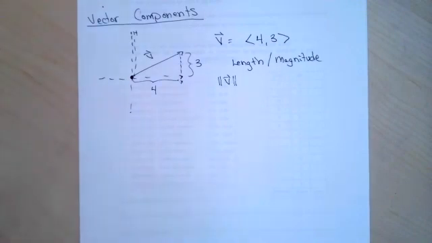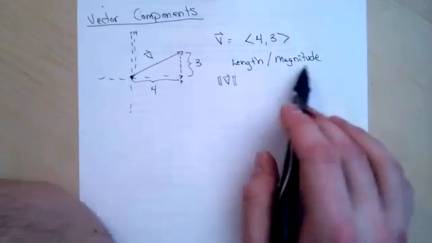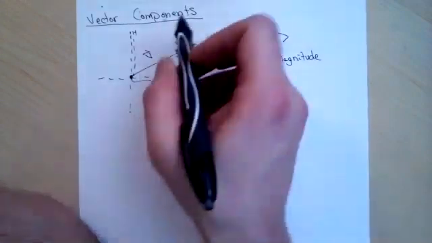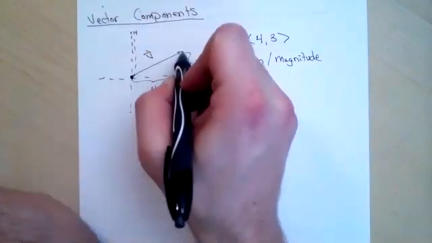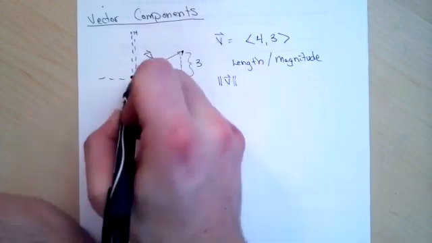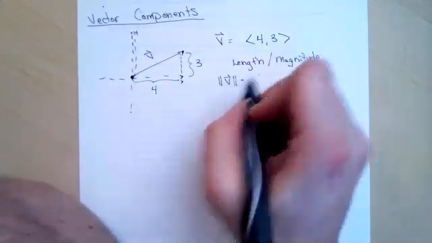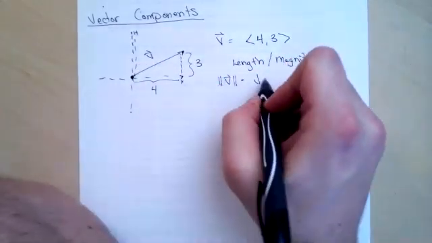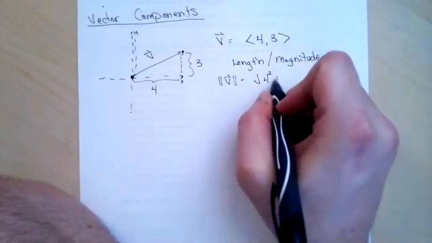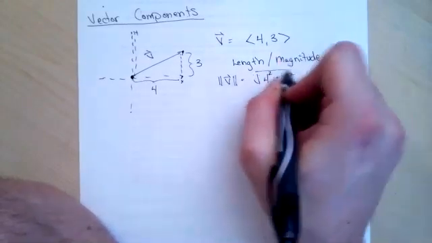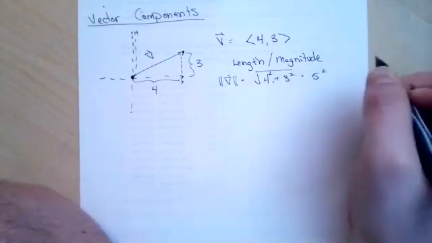It's the size of a vector, just like the absolute value of a number is the size of the number, the distance it is from the origin. In 3 dimensions or higher, the magnitude of a vector is just the distance the tip of the vector is from the origin. So in this case, it follows our standard Pythagorean theorem: 4 squared plus 3 squared, square rooted, is going to give us 5.